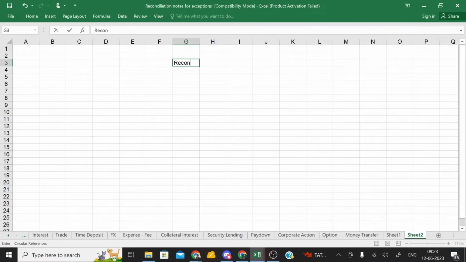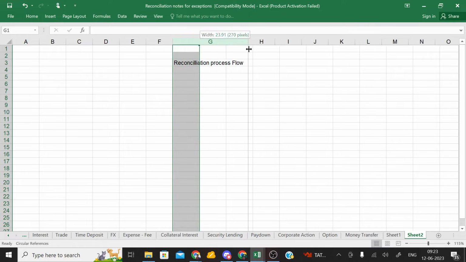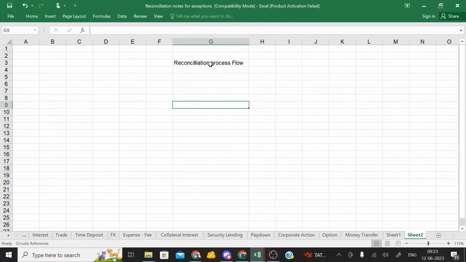Reconciliation process flow, right? Recon starts with, so there are types of recon. Types of recon means trade date recon. Let's say a fund purchases a security today.